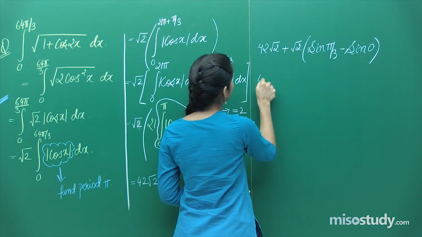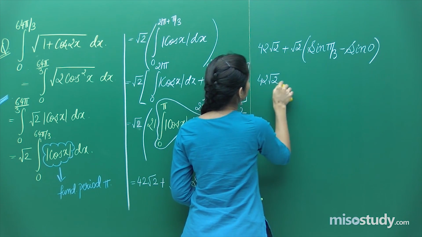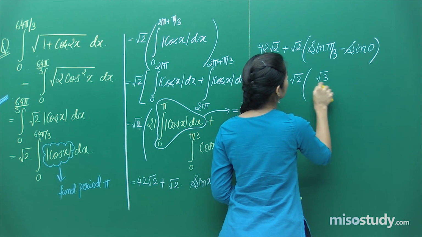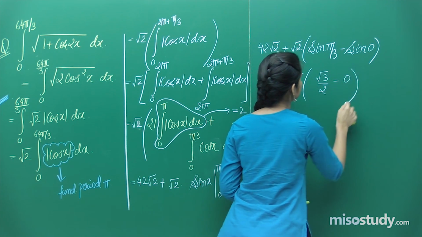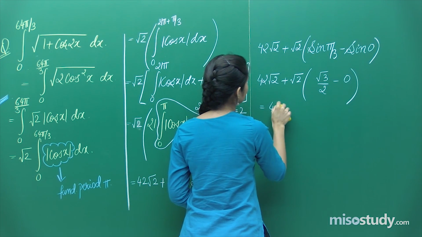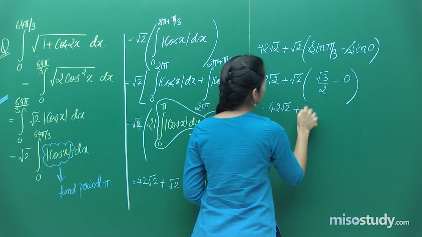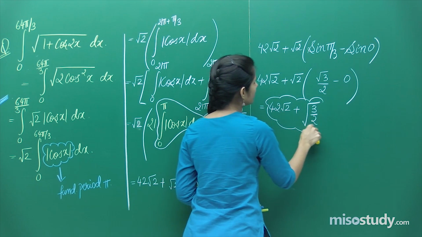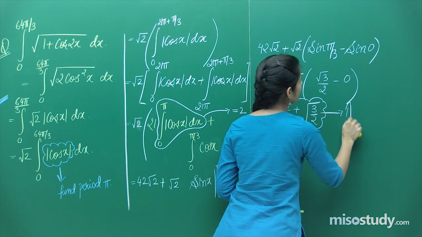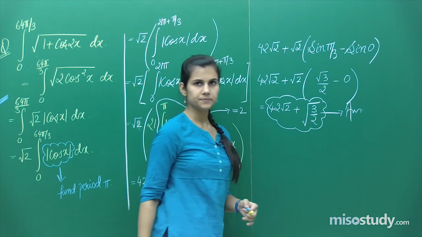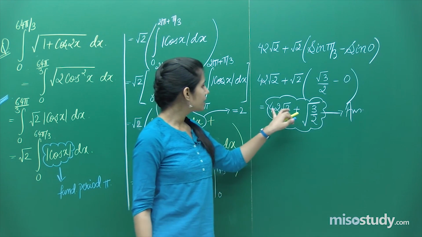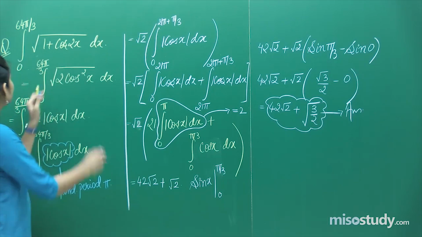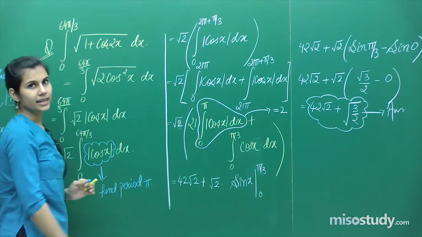After this you obtain 42√2 plus √2 into sin π/3, which is √3/2, minus 0, and that is what gives you 42√2 plus √2·√3/2 as your answer.